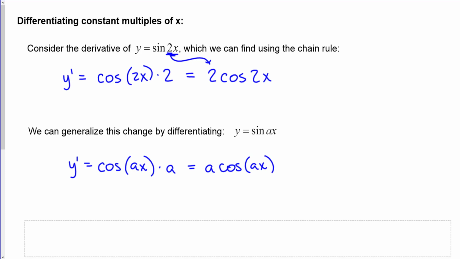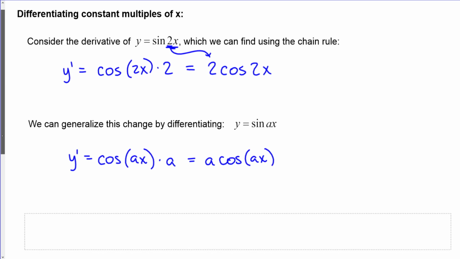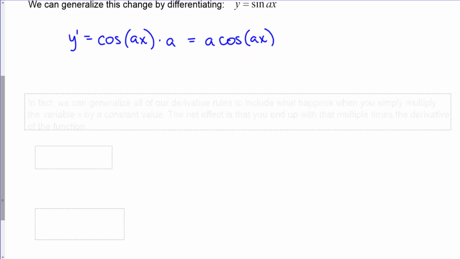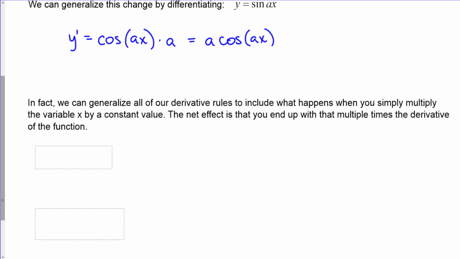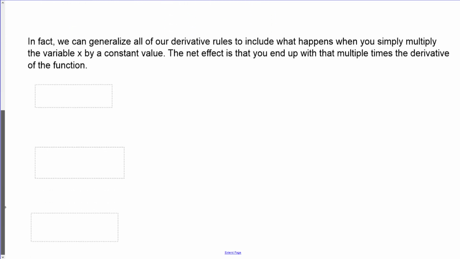In that situation, if you just remember that it's only off by a constant multiplier, you can save yourself some time in coming up with derivatives. So for instance, here's a few examples. y equals tangent 5x.